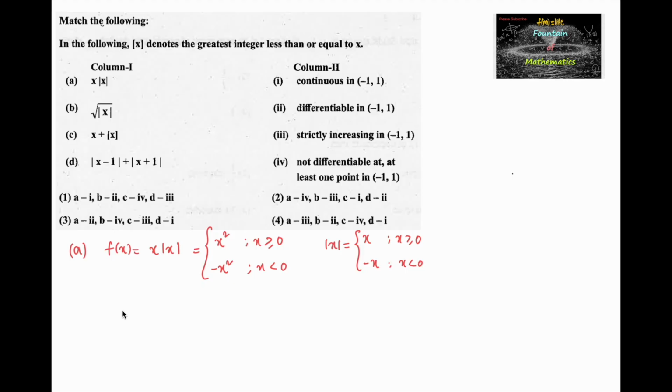So for the graph of x into mod x, we can say when x is positive, the graph will be x square, and when x is negative, the graph will be negative x square.